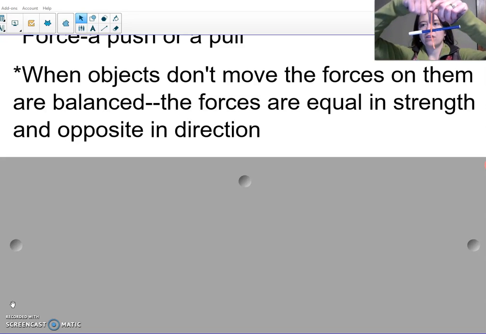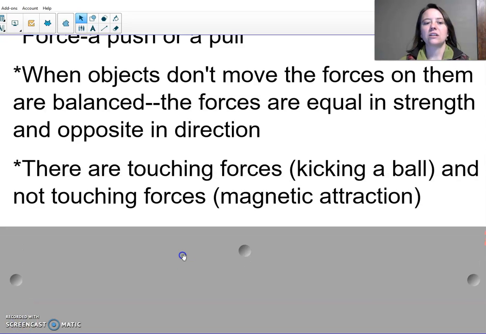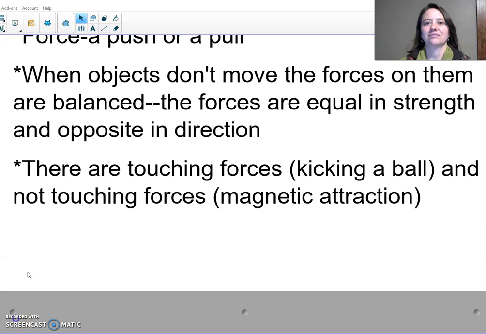The force of gravity pulling down is equal and opposite to the force of the string pushing up. There are touching forces like kicking a ball, where you make an object move with a push from your foot, and there are not touching forces like magnetic attraction or gravity. Those are all the notes for Chapter 1, Section 1.